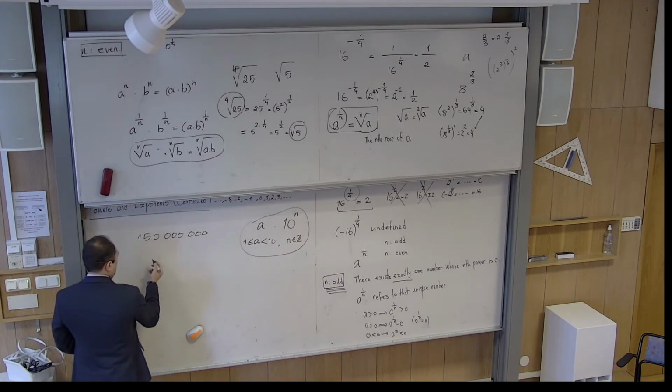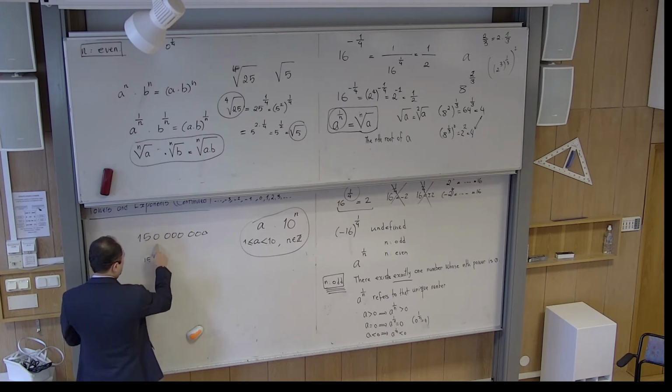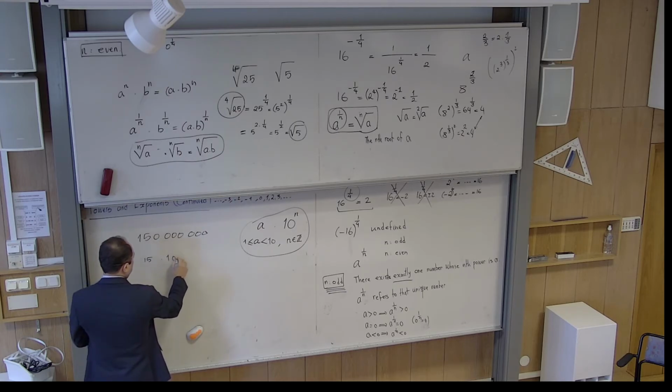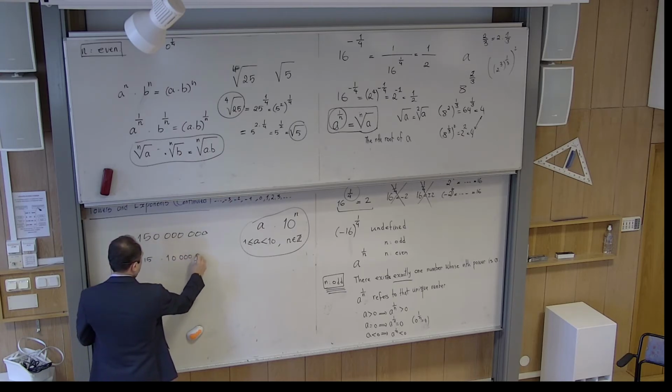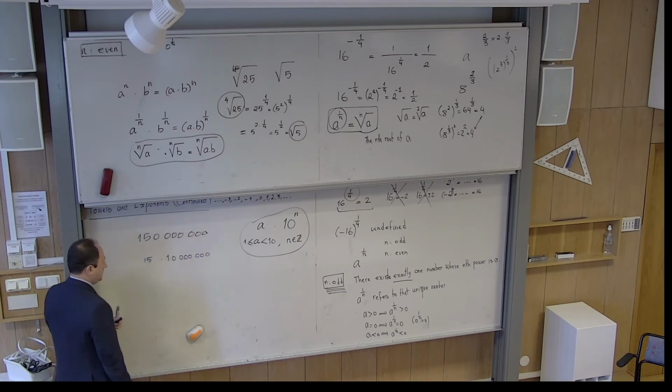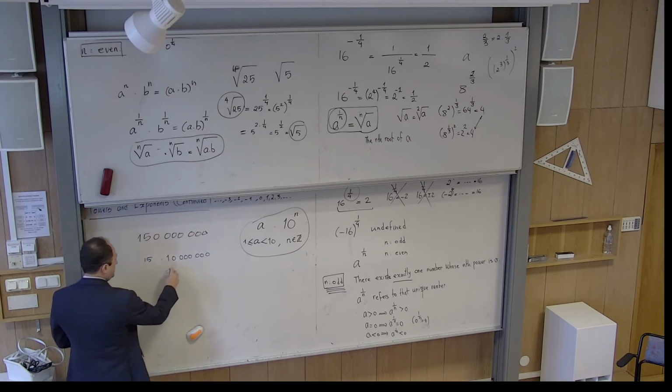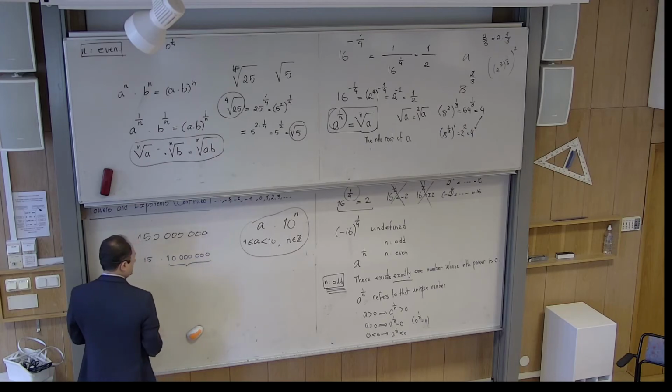Of course, you can write it as 15 times 10 million, with 7 zeros. But can you tell me what I can write for this as a power of 10? 10 to the power of 7.